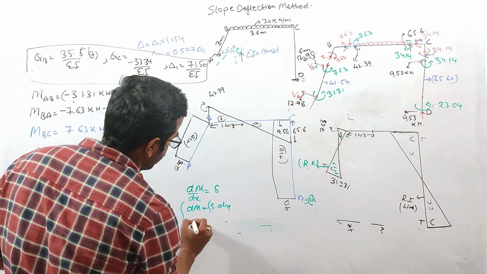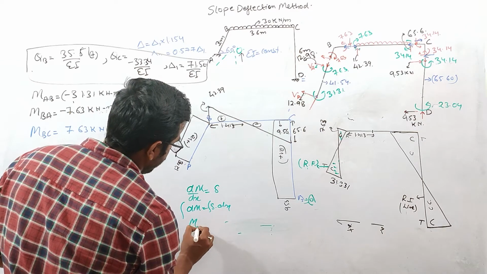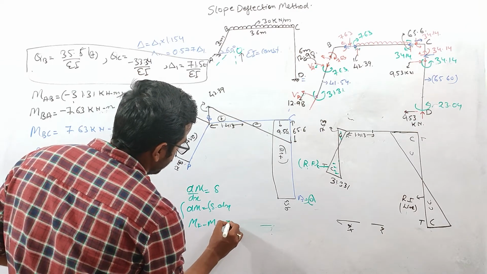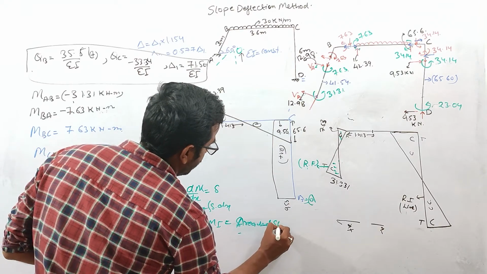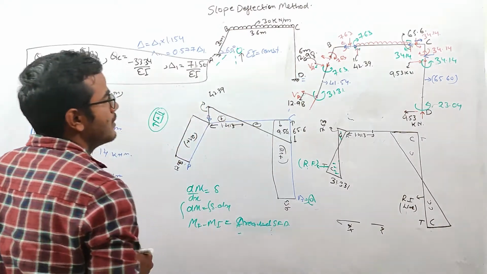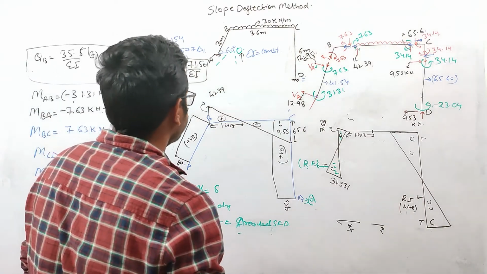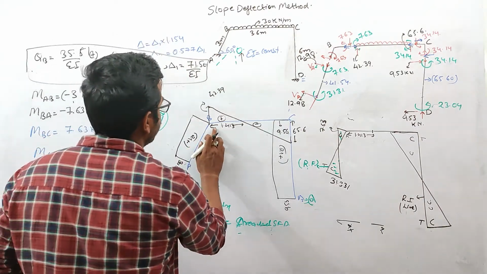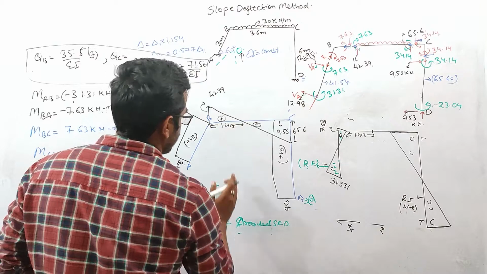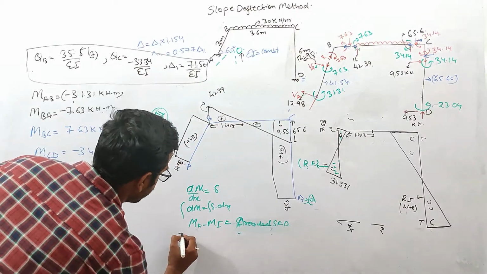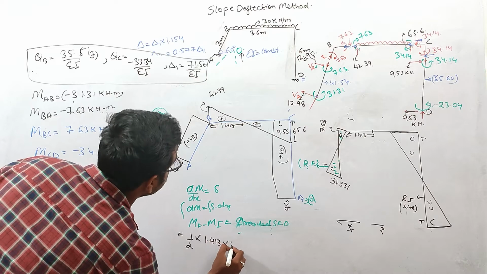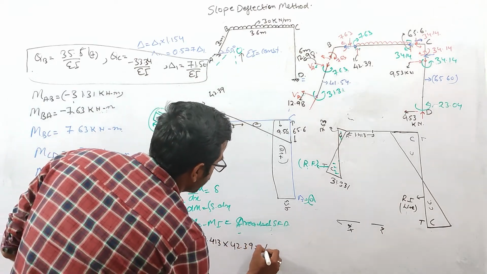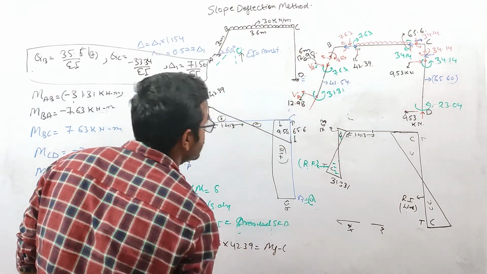If you integrate both sides, M final minus M initial equals the area under the shear force diagram, right? So if you consider this area, it is a triangle, half into 1.413 into 42.39, which equals M final minus M initial, right?